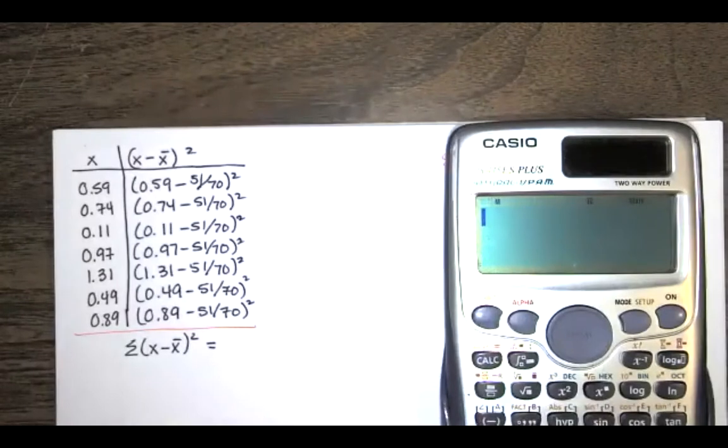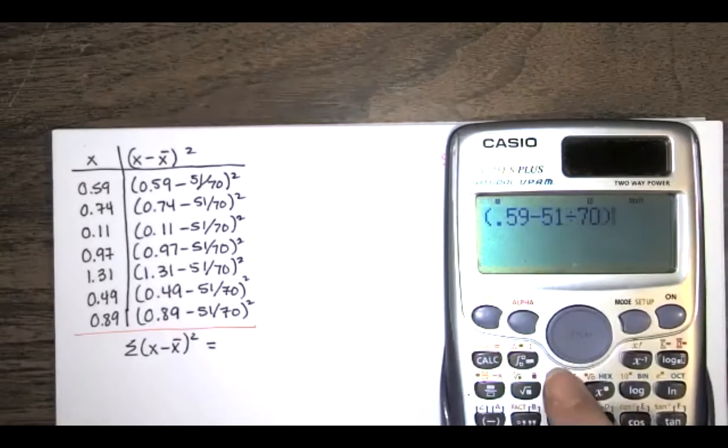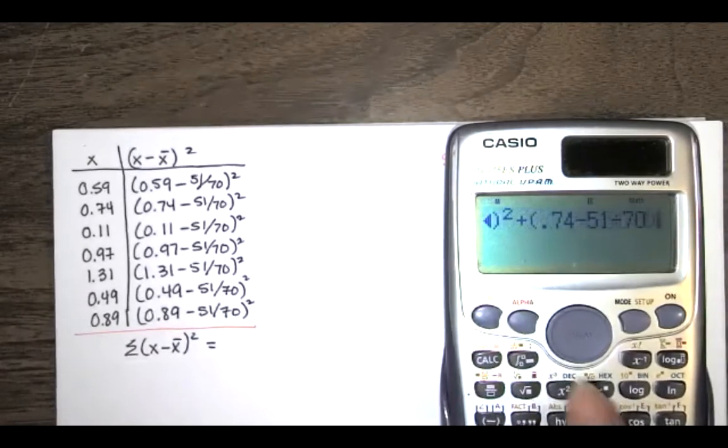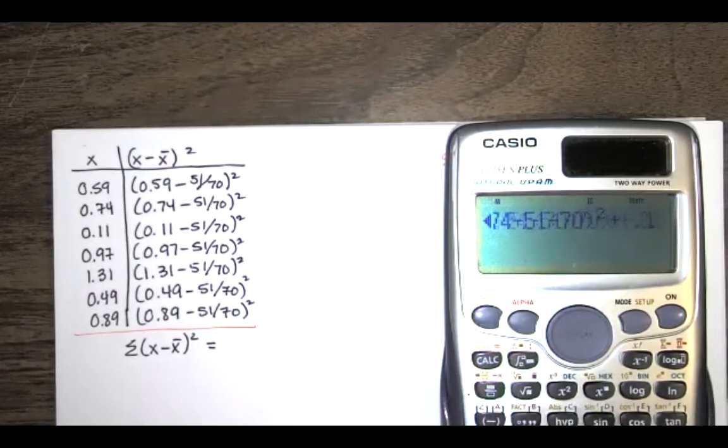So I've got open parentheses 0.59 minus 51 over 70, close parentheses and square it, then add 0.74 minus 51 over 70, close parentheses and square it, and then add 0.11 minus 51 over 70, close parentheses and square it, and then add 0.97 minus 51 over 70, close parentheses and square it.